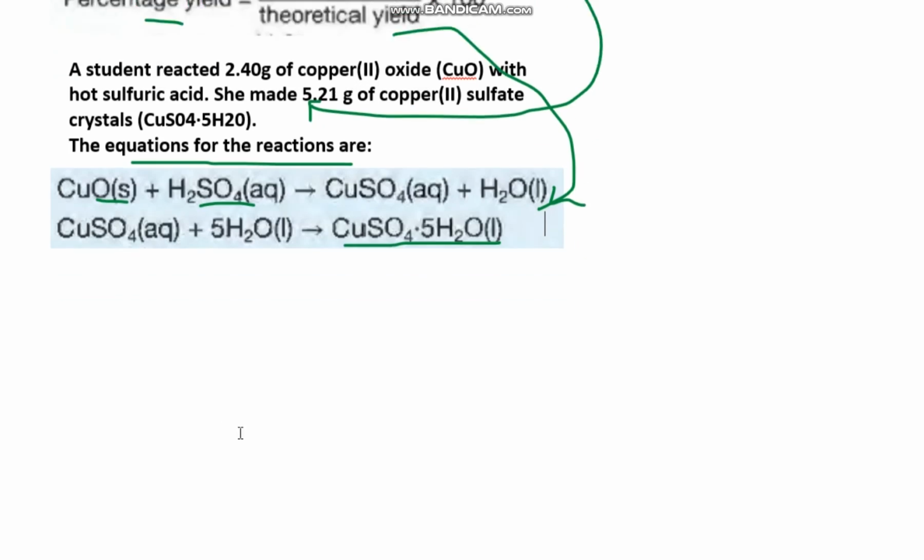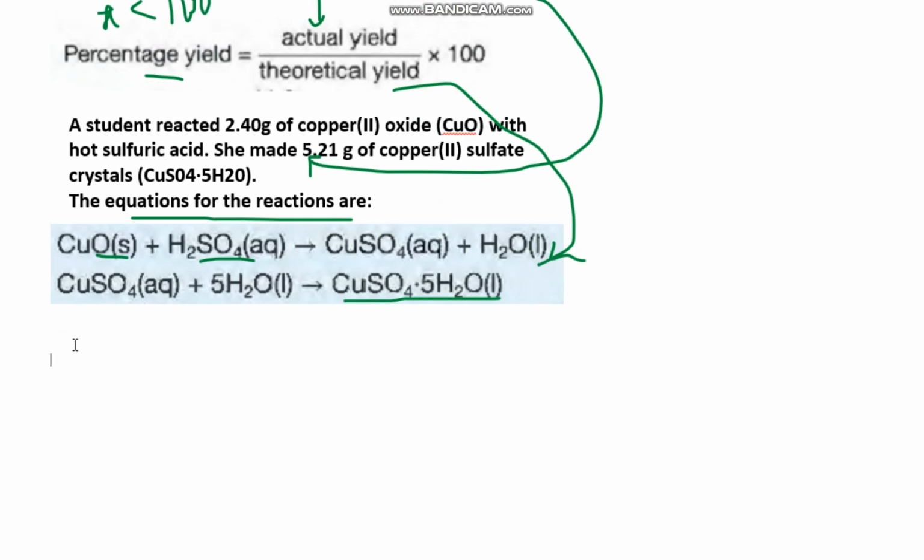So let's start off. It is a very simple question, but you have to understand so many difficult things. So CuO has a mass of 2.40 grams, and we have to find the moles of this.